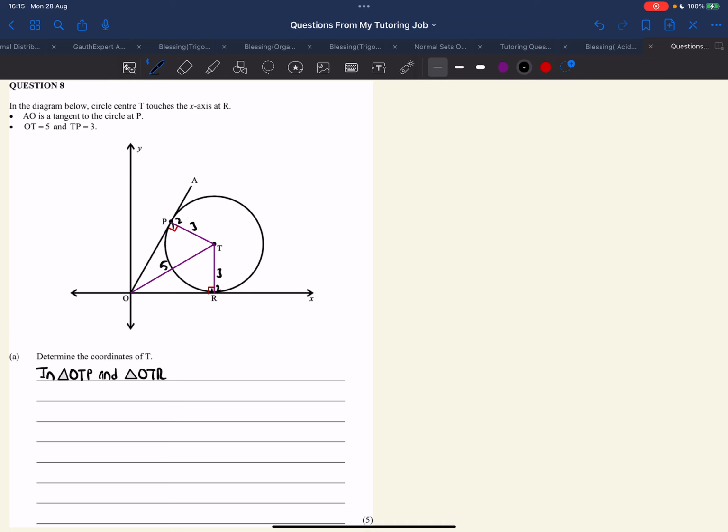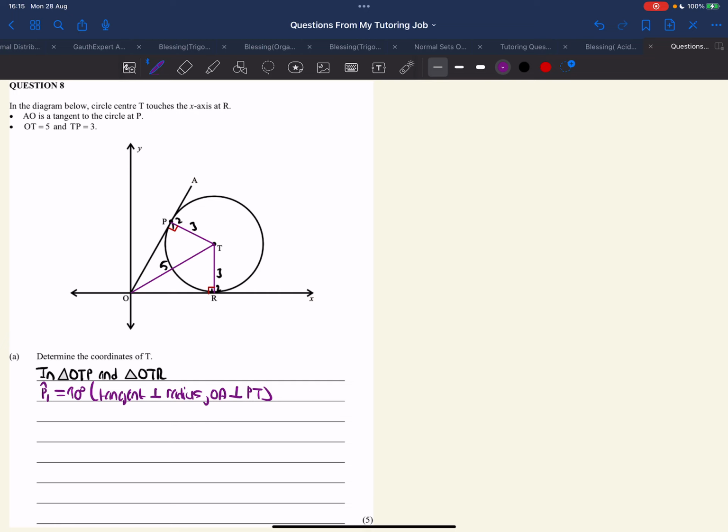All right. So we're first going to say that angle P1 is equal to 90 degrees, and the reason is tangent perpendicular to radius. So it's basically OA perpendicular to PT, right?